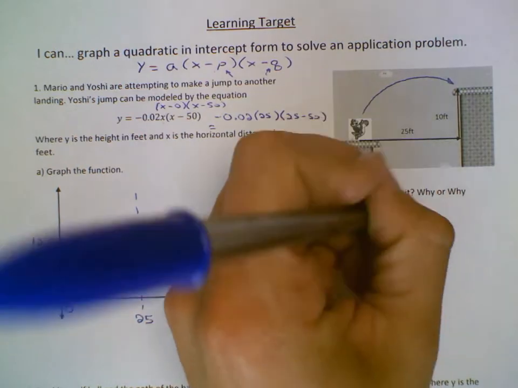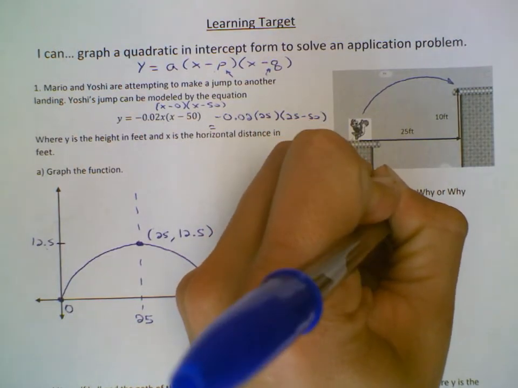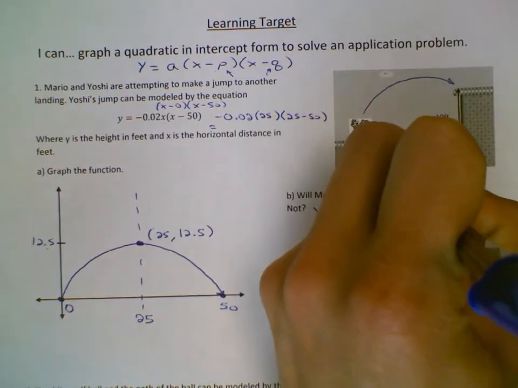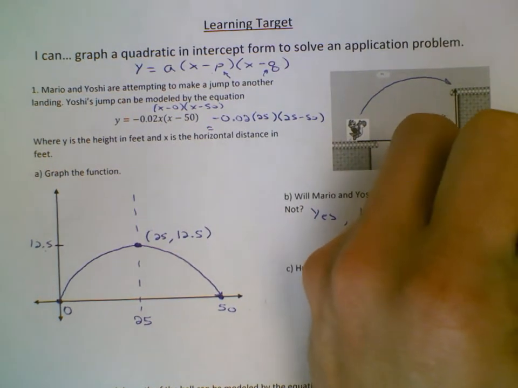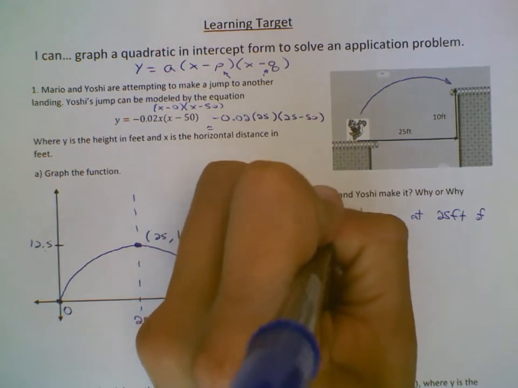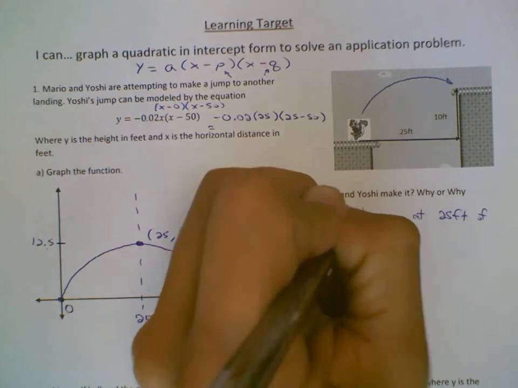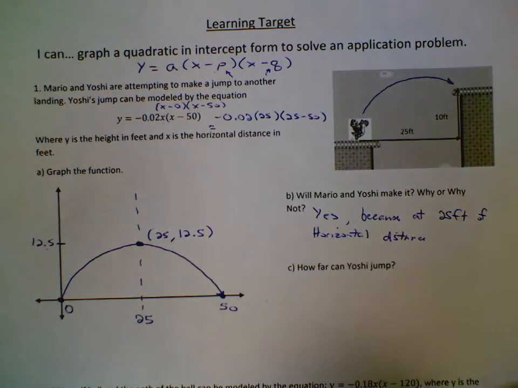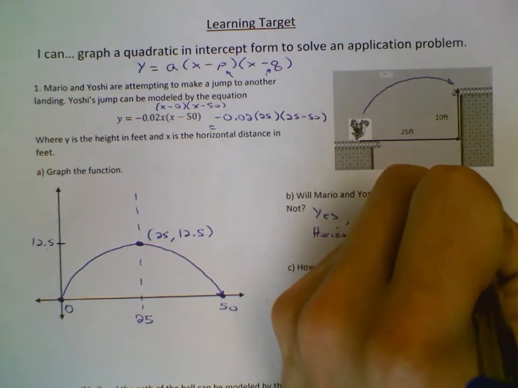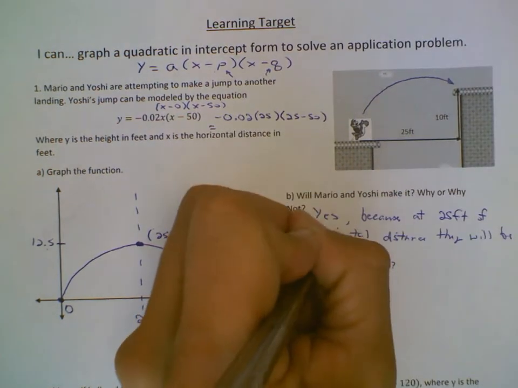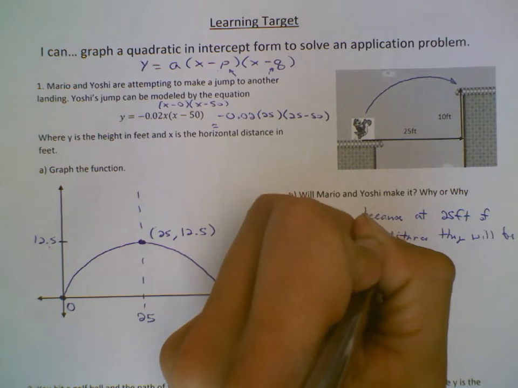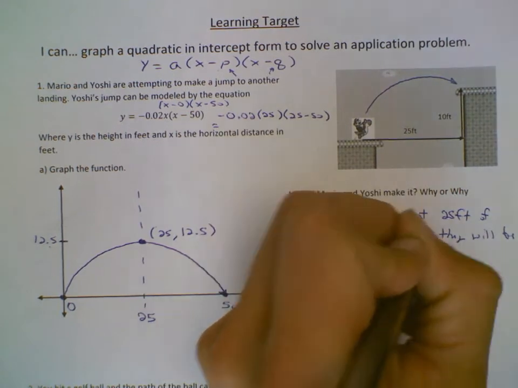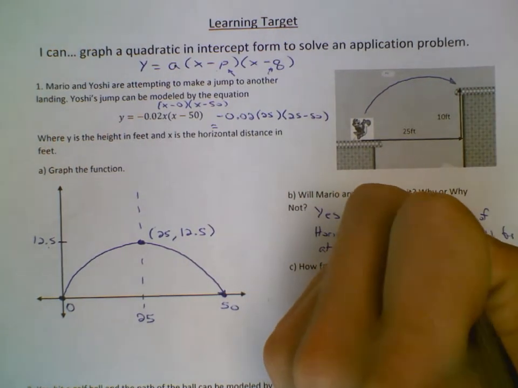And the reason why is because at 25 feet of horizontal distance, they will be at a height of 12.5 feet.